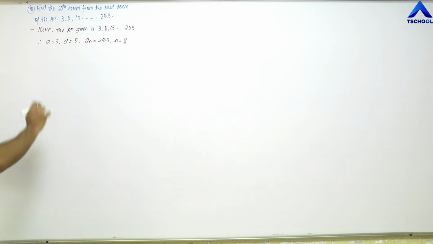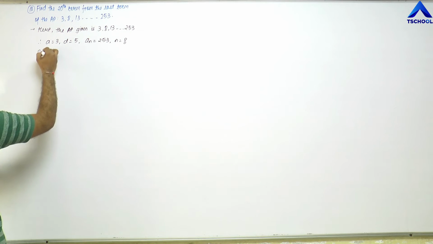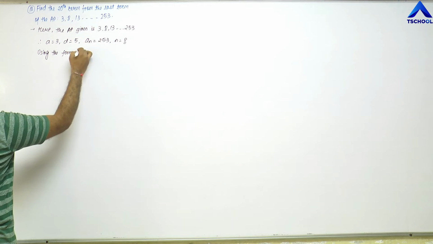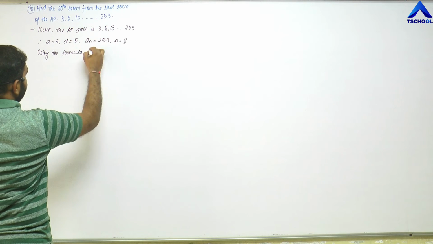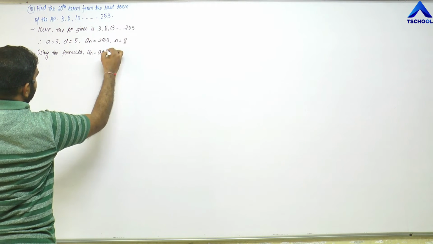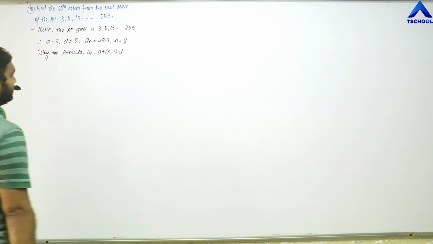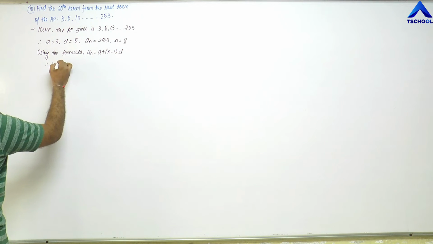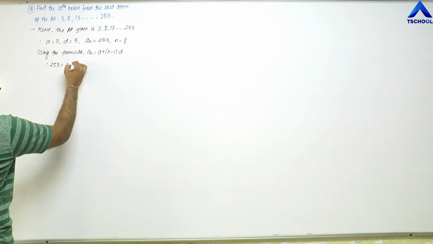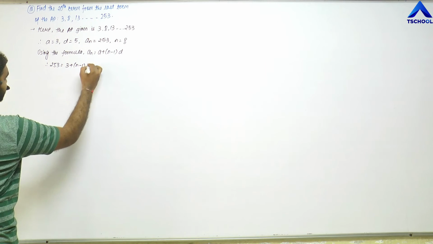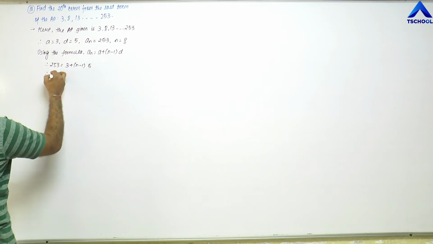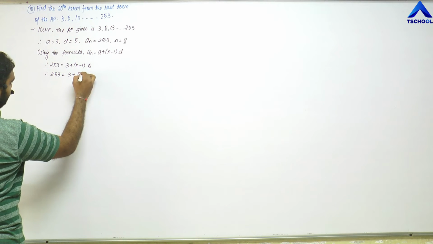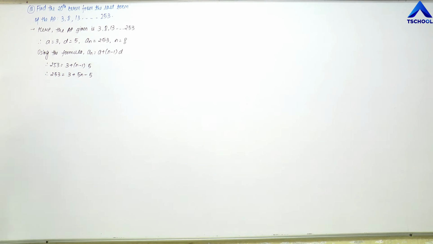Okay, therefore using the formula AN is equal to A plus N minus 1 into D, therefore 253 is equal to 3 plus N minus 1 into 5, therefore 253 is equal to 3 plus 5N minus 5, right?